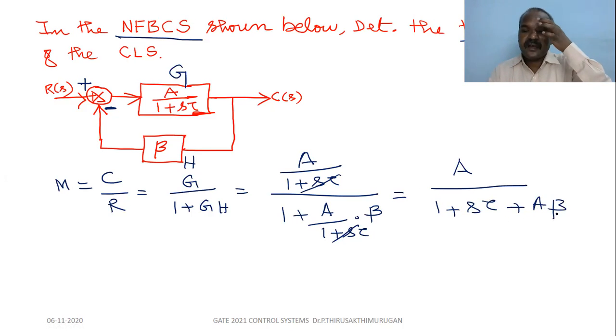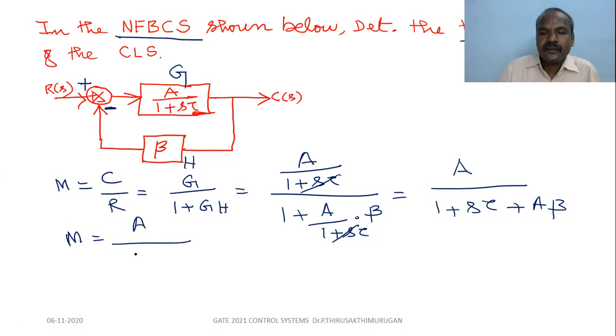A and beta are constants, so the 1 is also constant. So M equals A by 1 plus A beta, this is constant, plus S tau.